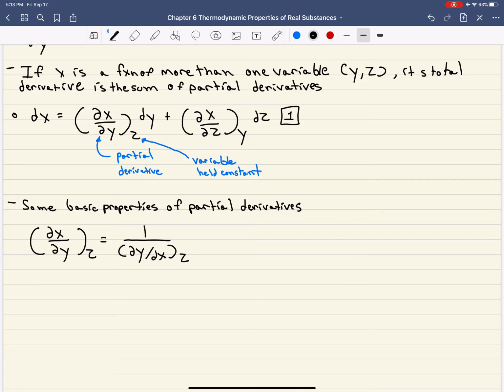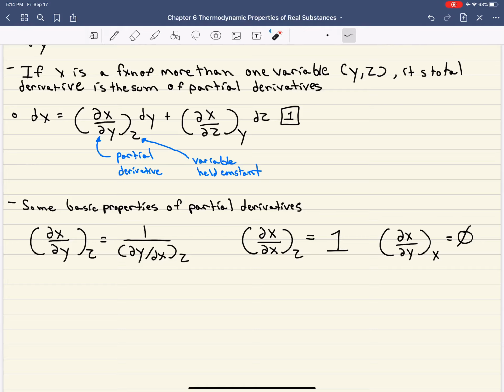All right, another thing is that if you took the partial derivative of x with respect to x, holding z or y constant, once again, think of them like fractions. These dx's would cancel. And what you would get is that it is equal to 1. Another important thing is that if we took the derivative of x with respect to y while holding x constant, that would be equal to 0, right?